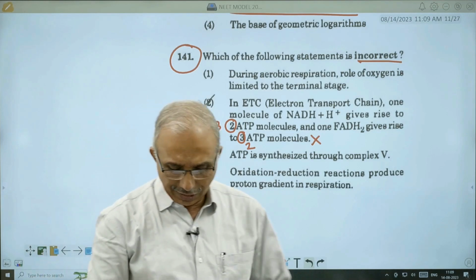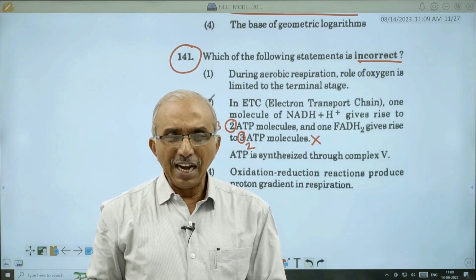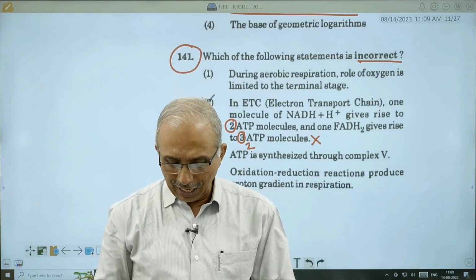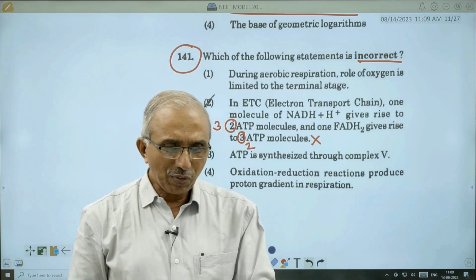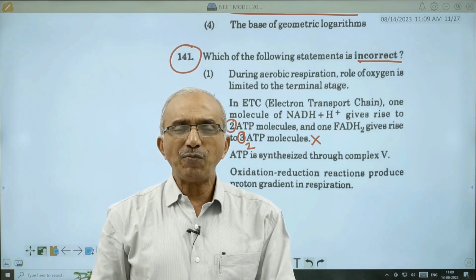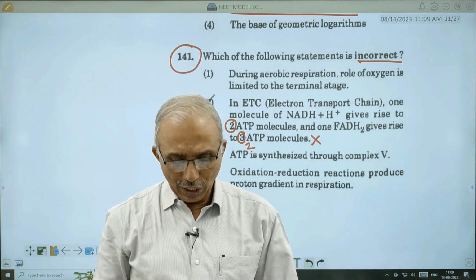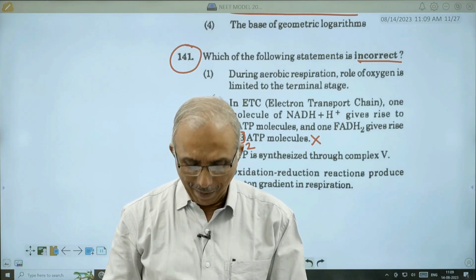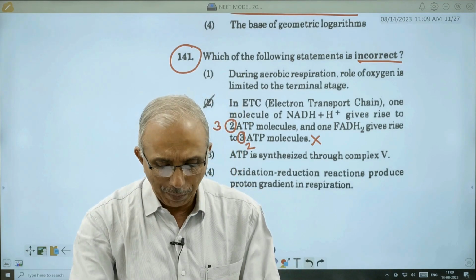So that is wrong. NADH plus H plus can give rise to 3 ATP. FADH2 gives rise to 2 ATP.